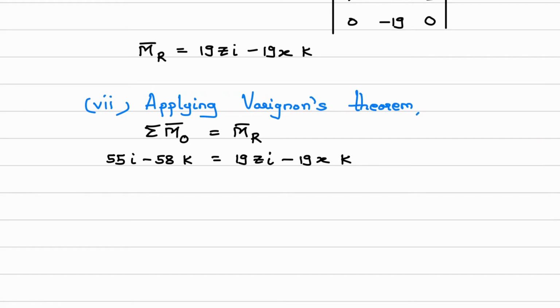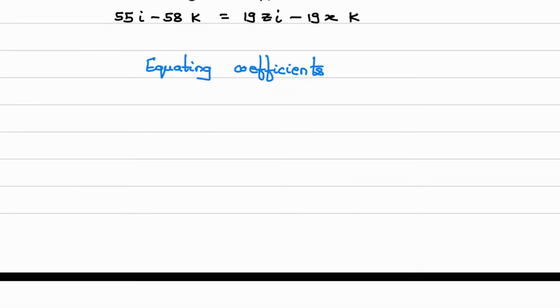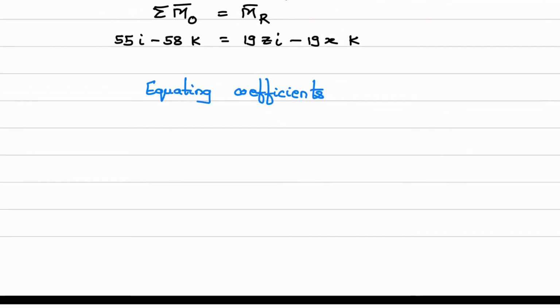Here you can see we can equate the coefficients of i and k. So what value will I get? 19z is equal to 55, and next, minus 19x equal to minus 58.